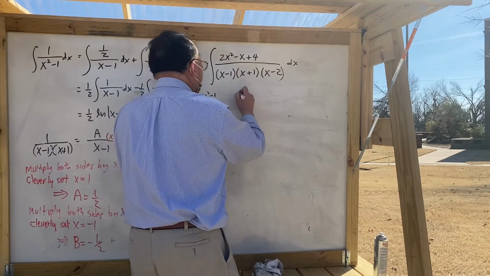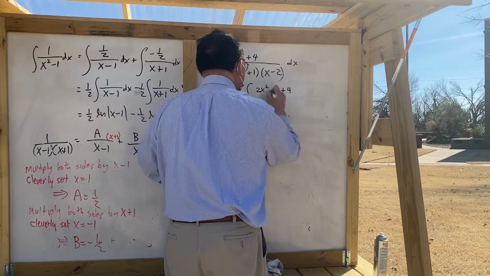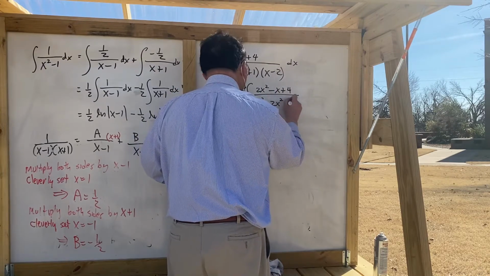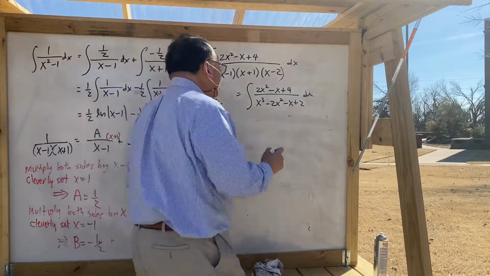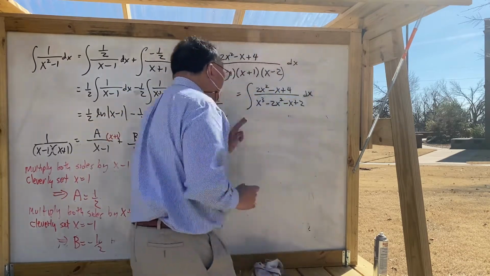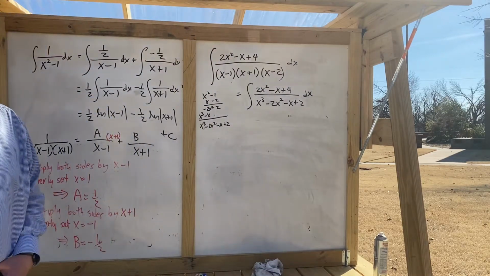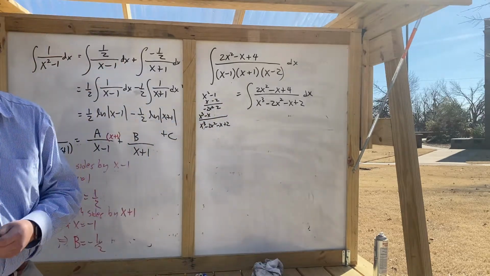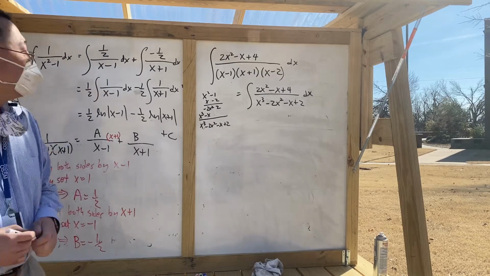So my integral is 2x squared minus x plus 4 over x cubed minus 2x squared minus x plus 2 dx. All right, let's suppose someone gave you this problem. Now you would be befuddled because you're like, how am I going to guess something whose derivative is this thing? The chances of you guessing the answer is very small, negligible.